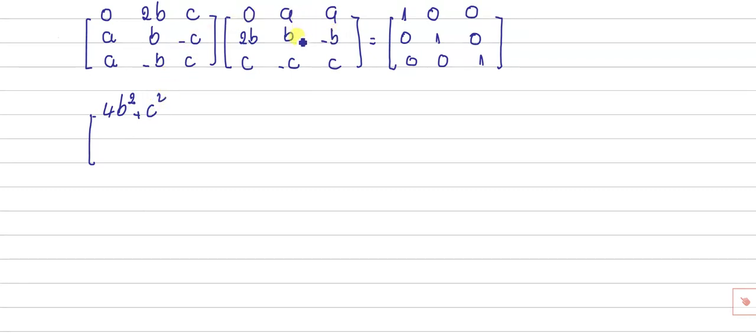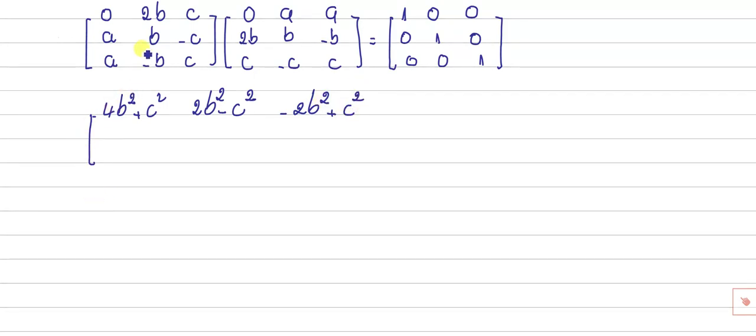And this one, 2B squared minus C squared. This one is 2B squared minus C squared. This one is C, 0, minus 2B, minus 2B squared plus C squared.